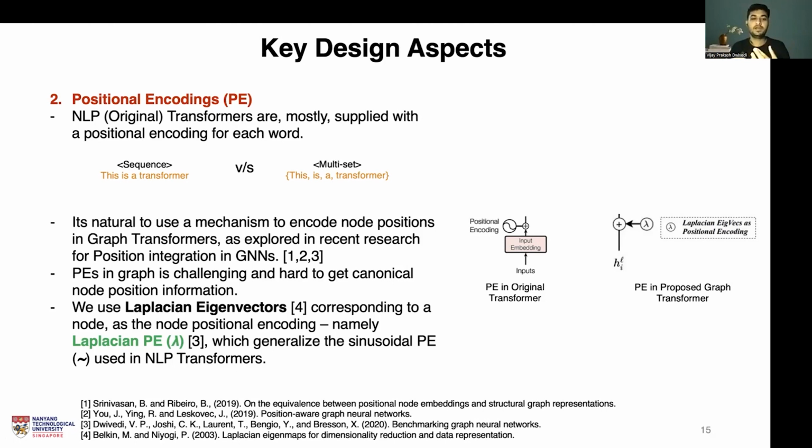So it provides some notion of where in my original graph a node is located. At the input, we have a feature vector, which is the eigenvectors of the Laplacian, and this becomes the positional encoding for any arbitrary graph structure.